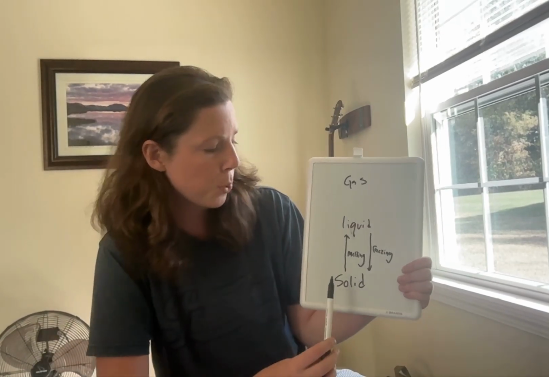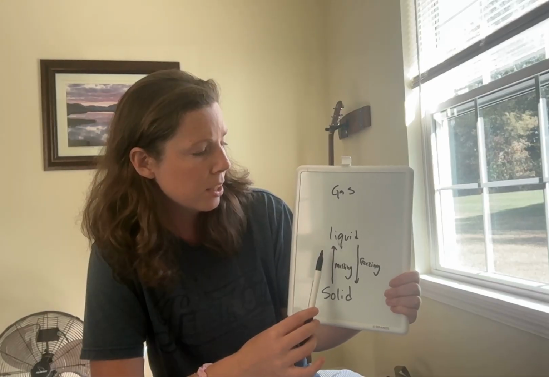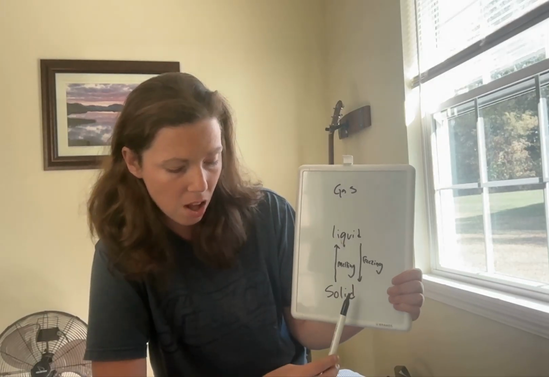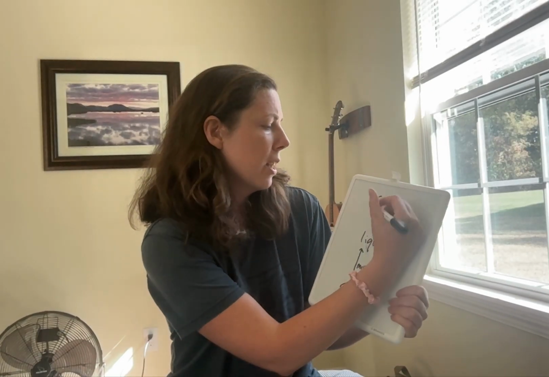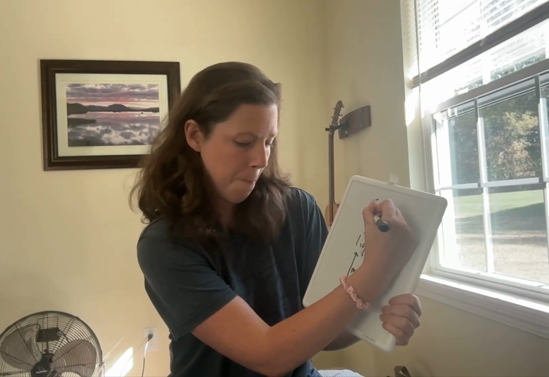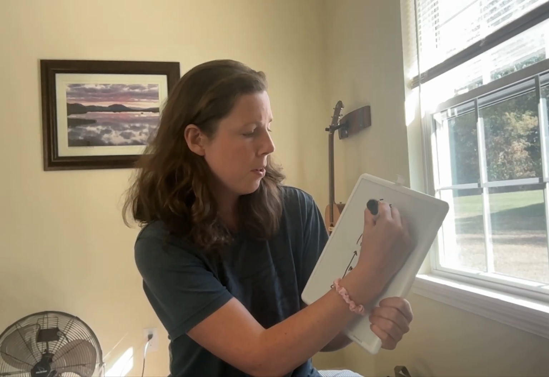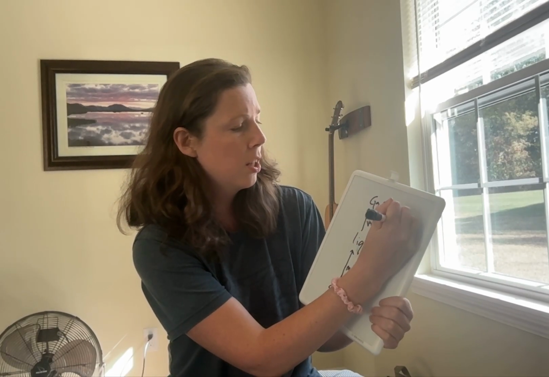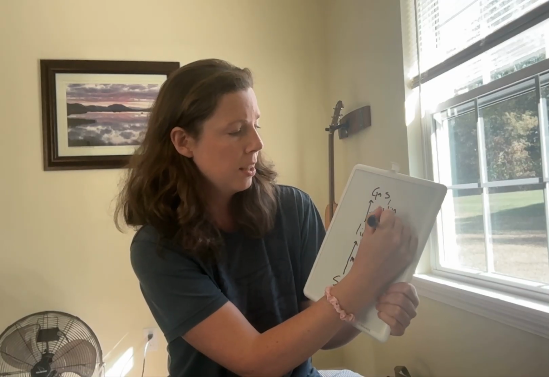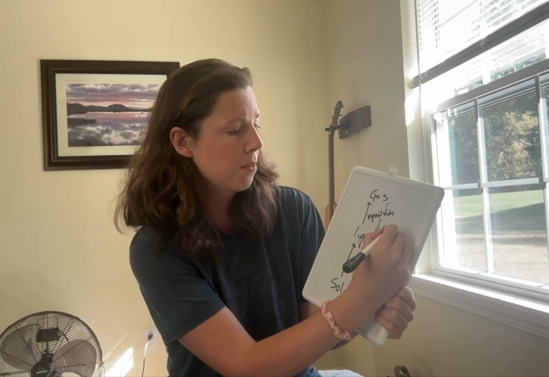And so going between solid and liquid, we have melting. Going between liquid and solid, we have freezing. Going between liquid and gas, we have vaporization. And gas to liquid would be condensation.